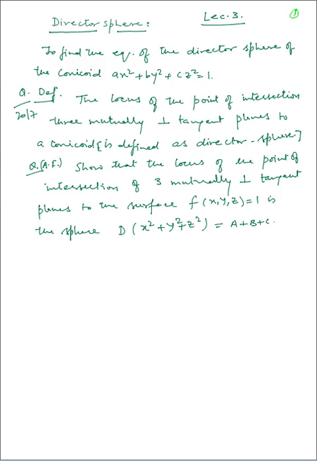So this form we will be solving, which we have done in the last 2 lectures, and this form we are solving with the help of conicoids. So first we will see conicoid 1. In this the equation of the conicoid is given, so we write that the equation of the conicoid is ax square plus by square plus cz square is equal to 1.